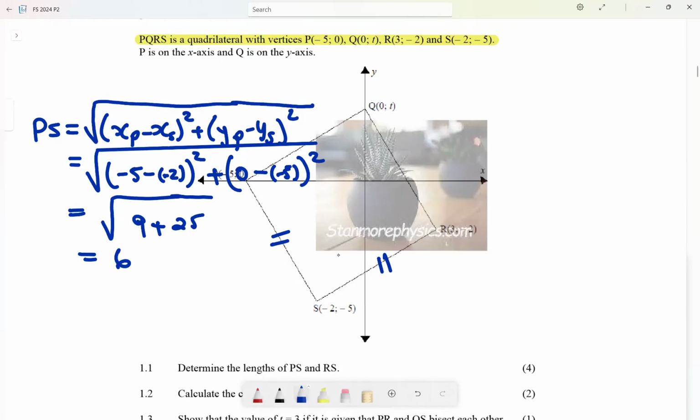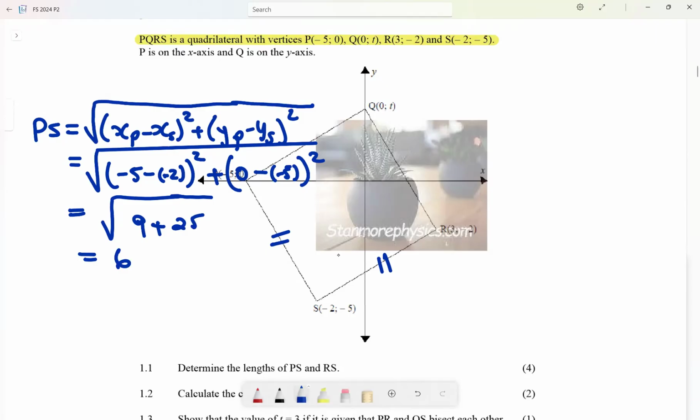The distance PS is given as 6. So now let's move on to finding the length of RS. You're going to apply the very same approach.